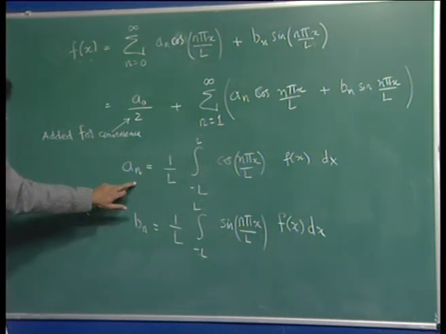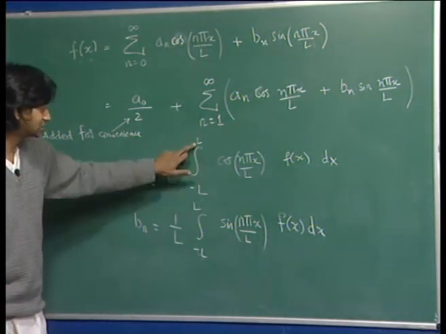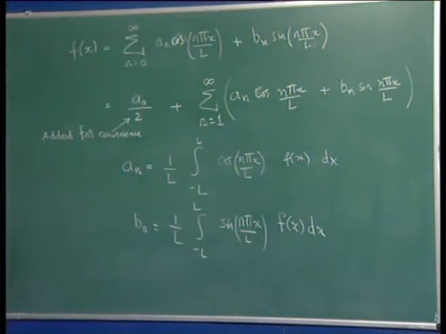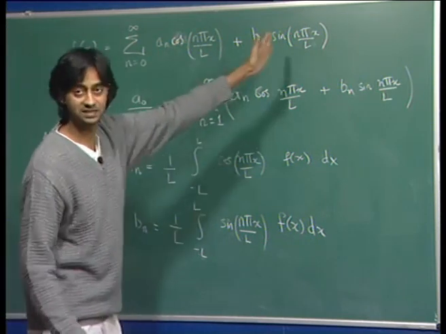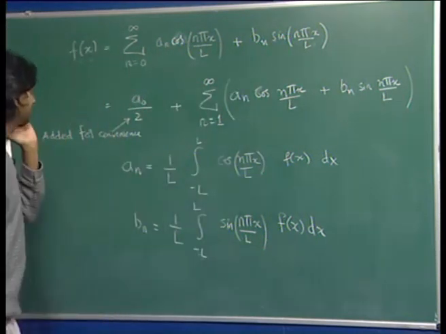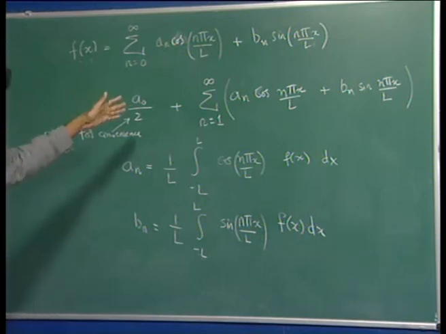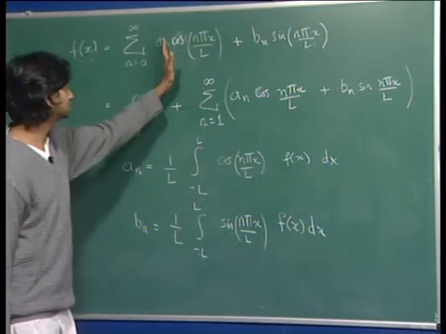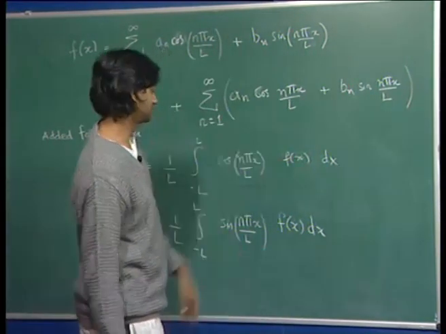then a 0 is just integral from minus L to L of f of x dx divided by L. If you just do the integral from minus L to L of f of x, that will just be the integral of the right hand side from minus L to L, and you can show that indeed it will give you a 0 times L, because all other terms will vanish.